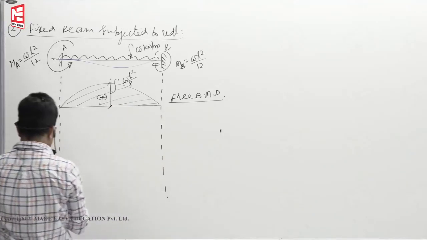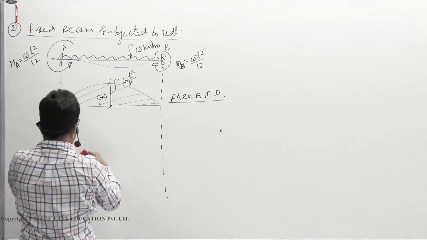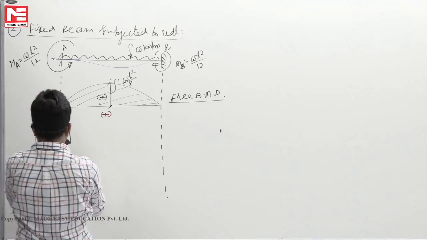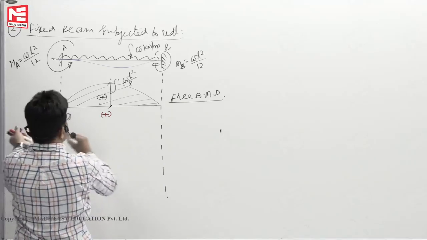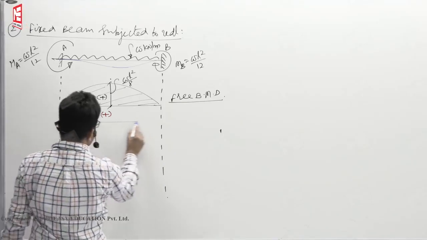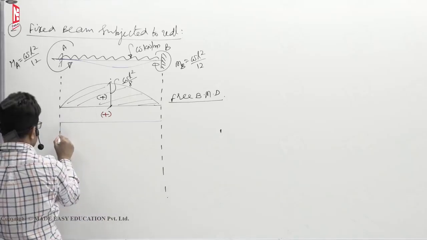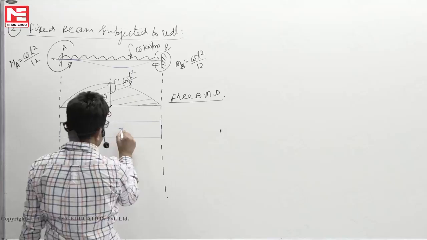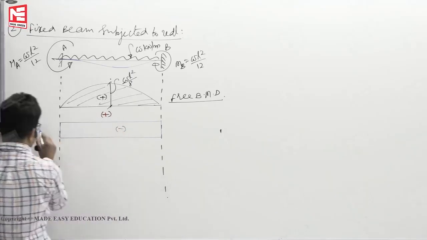Next, the end moment diagram. MA and MB are equal because of the symmetry of the structure and symmetry of loading. So the bending moment diagram due to end moments is a rectangle.